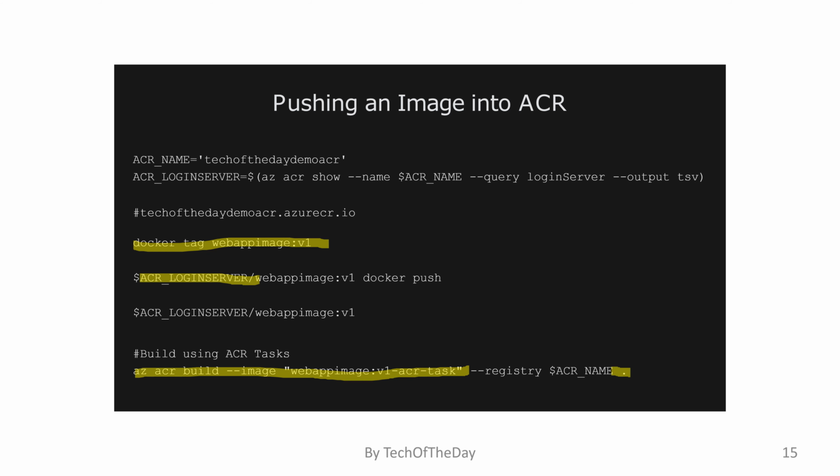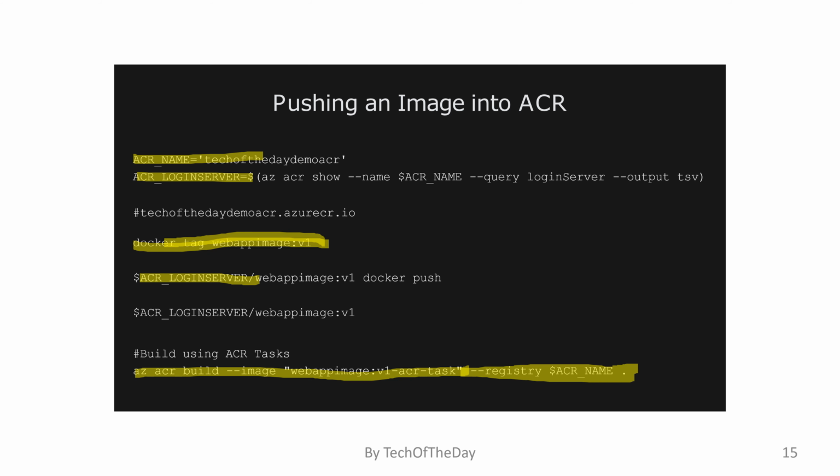This part is really important, so please pay attention. To summarize, we created the ACR name, we created the ACR login server, and then we created a Docker tag with this web app image.